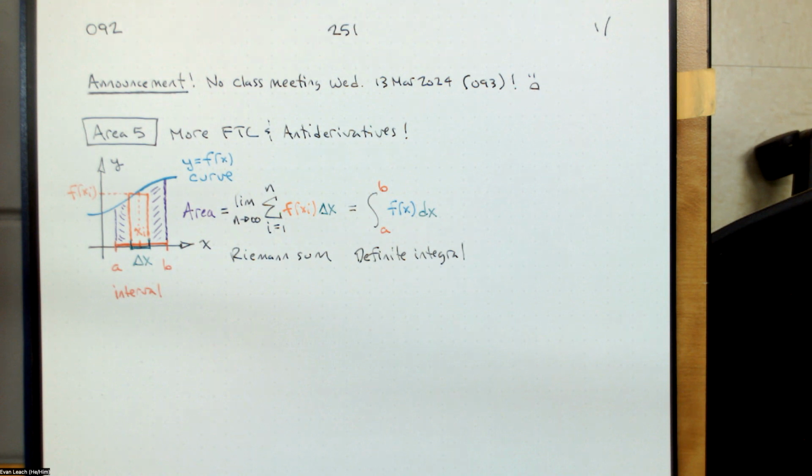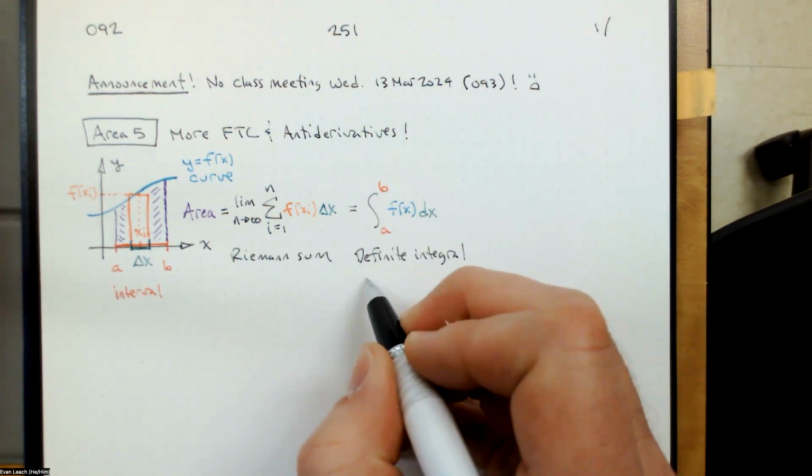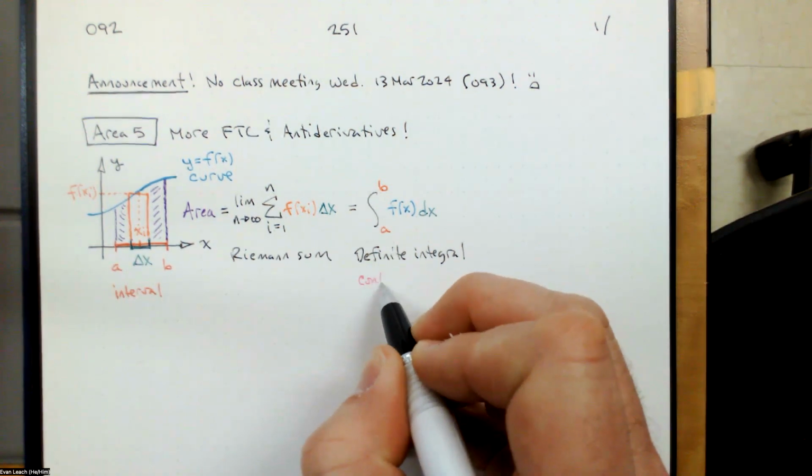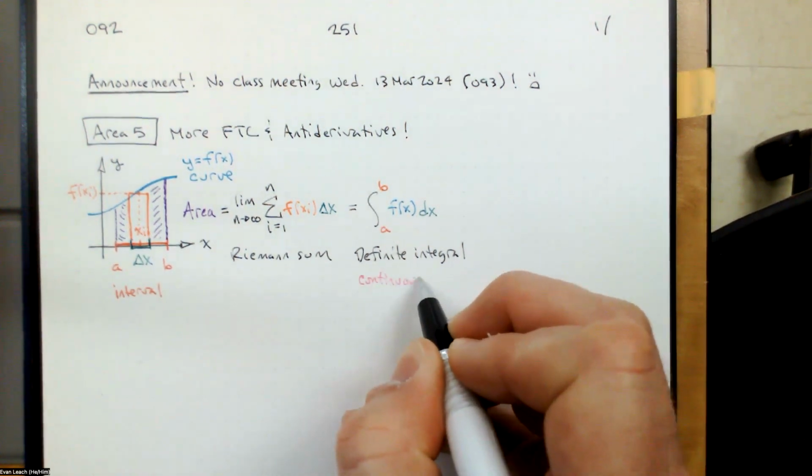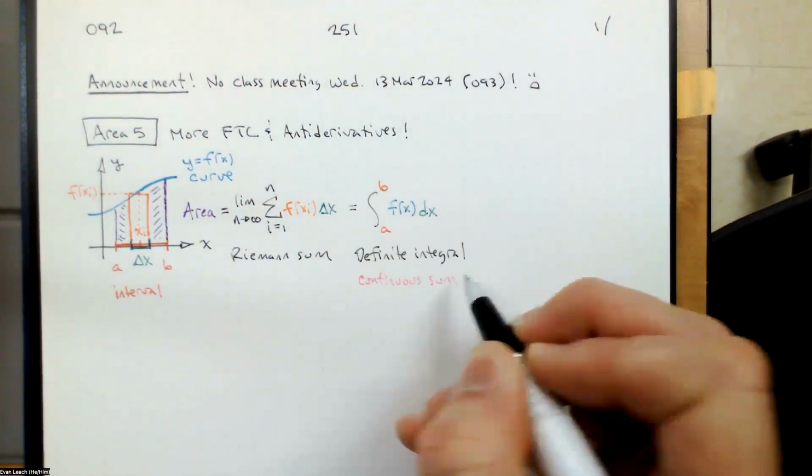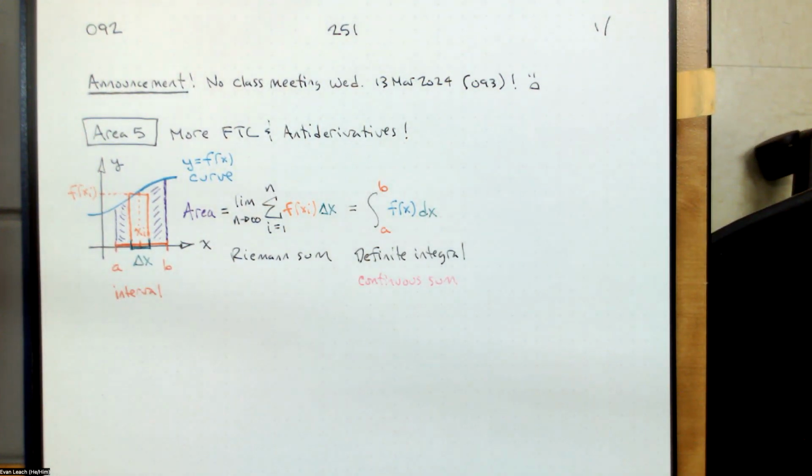We can think of the definite integral as a continuous sum. The Riemann sum is the thinking behind this definite integral.